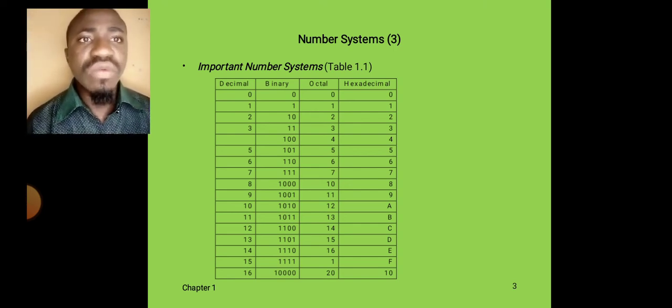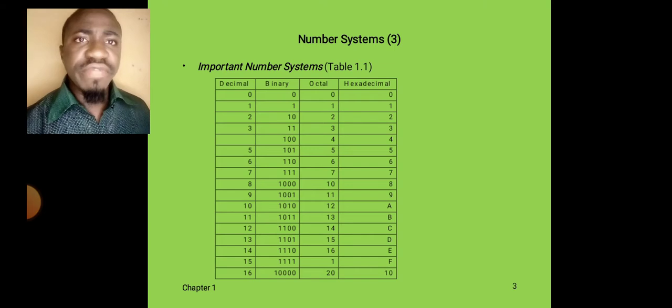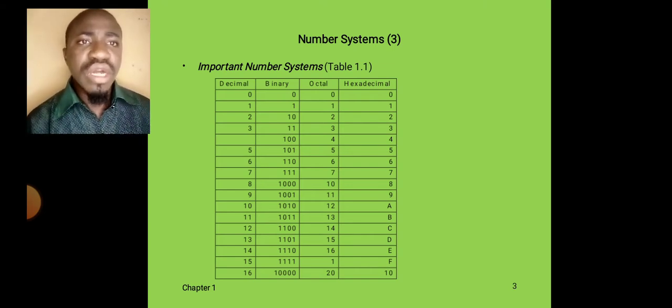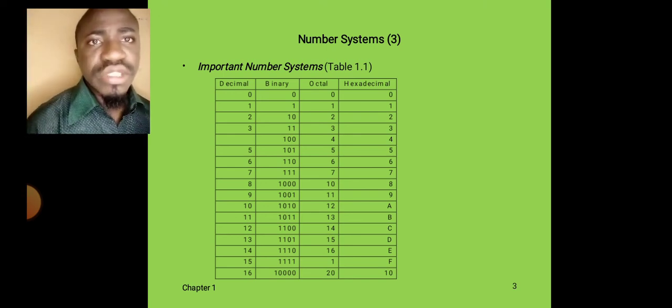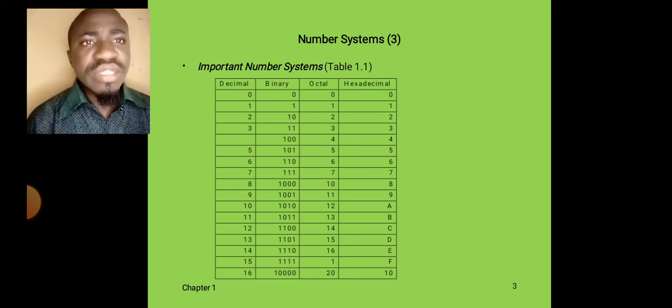The first one we have is the one we call decimal. Decimal ranges from 0 to infinity. That means you count from 0, 1, 2, 3, 4, 5, 6, 7, 8. That's how decimal ranges from 0 to what? Infinity. Now this decimal consists of whole numbers, which include 1, 2, 3, 4, 5, 6, 7, 8, 9, 10.